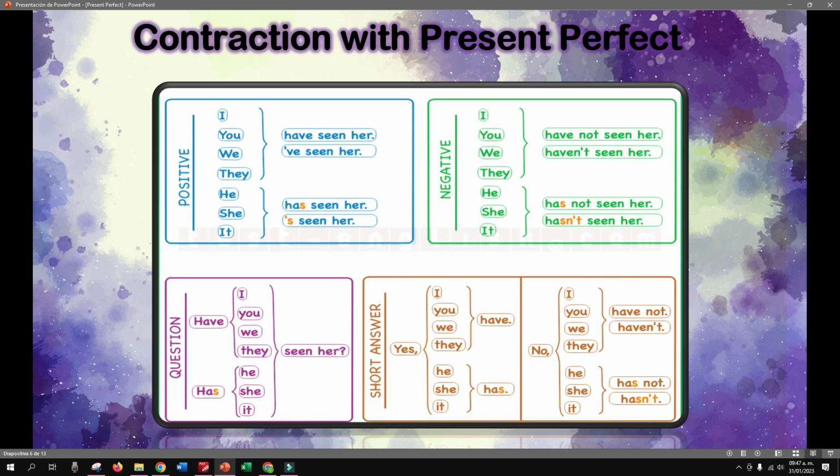So also you have the negative form. In that case, you should have, I have not seen her. Remember that you're going to use the word not after the auxiliary. So, if you want to make it short, you can say, I haven't seen her. You are going to make the contraction between the auxiliary and the word not.